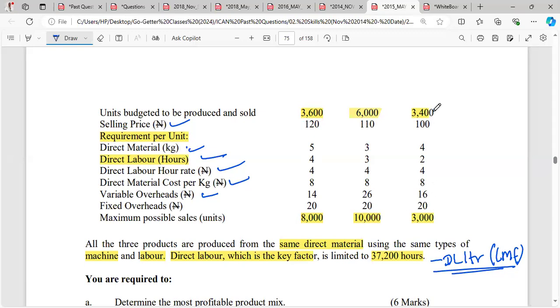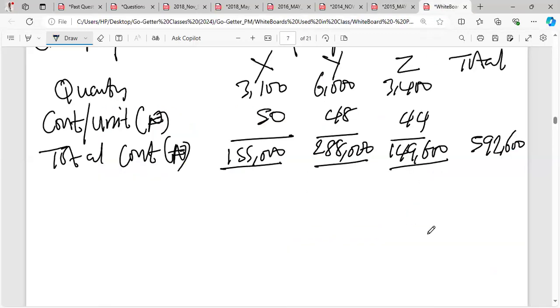The same thing for 3,000: your fixed cost is gotten from 3,000. So look at what we are going to do now. We will say this is 8,000, 10,000, and 3,000, all of them having 20. So this 20 naira is gotten from 8,000, 10,000, 3,000.